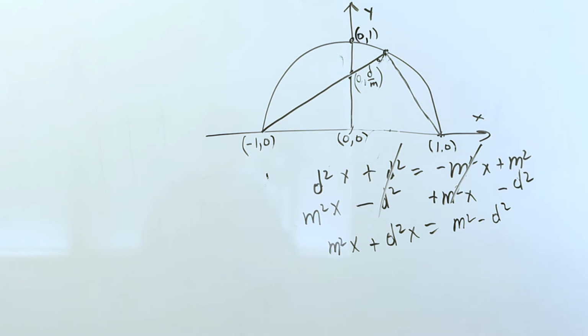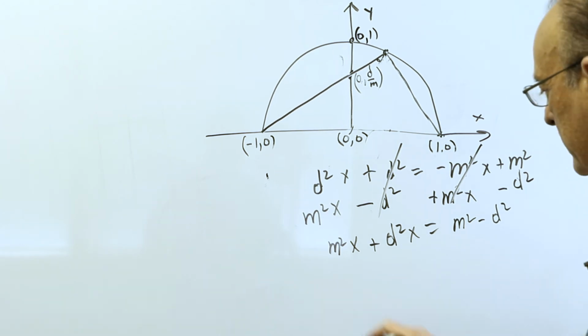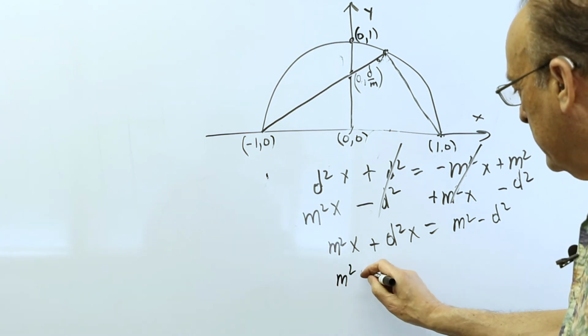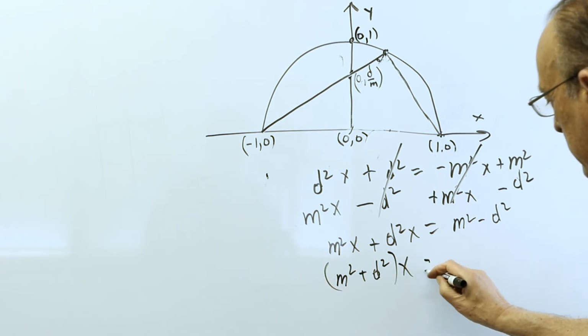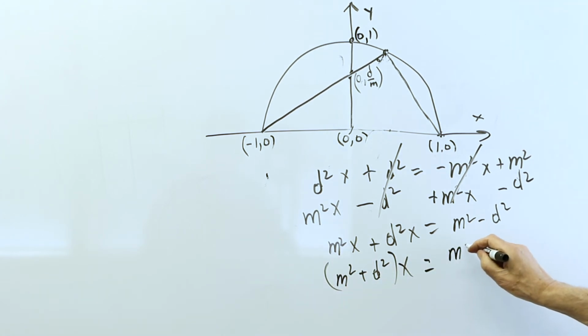And we finally finish by dividing both sides by, well, we can factor out an x. So we get m squared plus d squared times x equals m squared minus d squared.